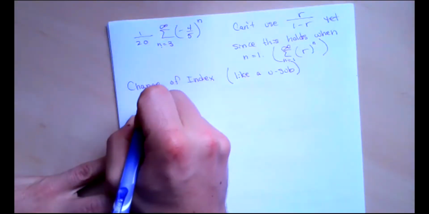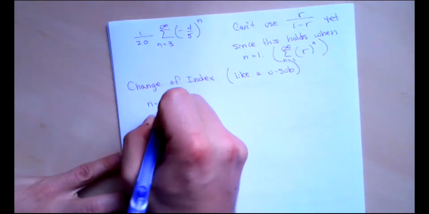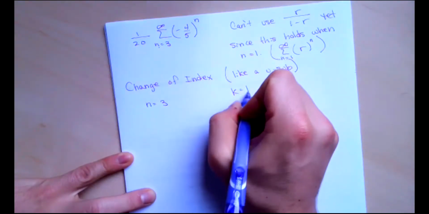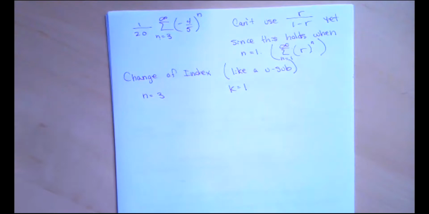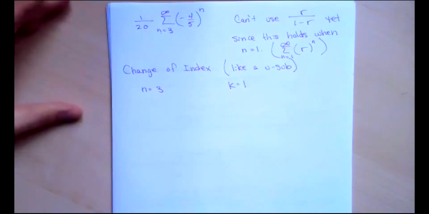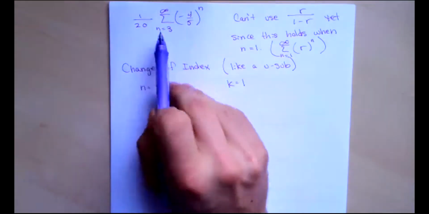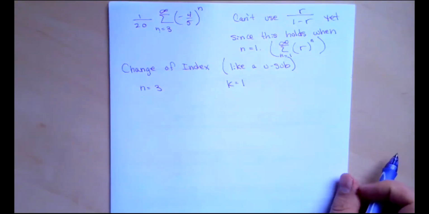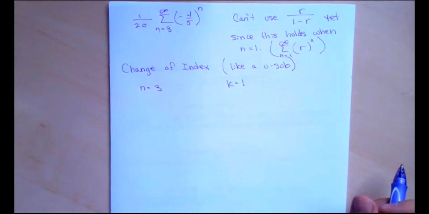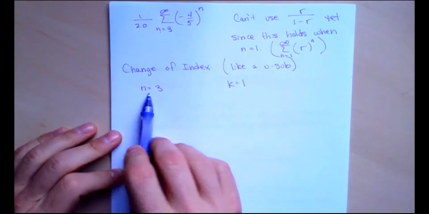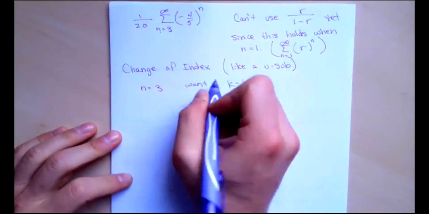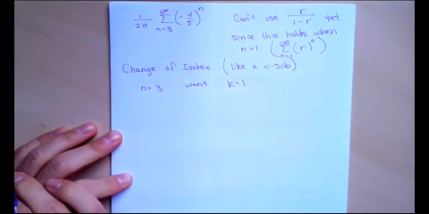Well, we start at 3. Let's pick another variable. k or i are commonly used. I don't know if that's shown up on the WebAssign. Usually our index variables i, j, k, and n are very common for our integers. What do we want? It starts at 3. When n equals 3, we want k to equal 1.